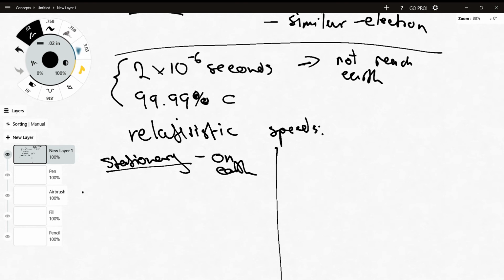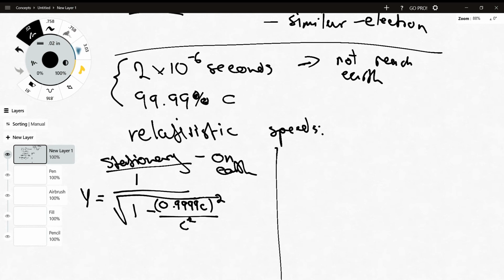So we have gamma, or the Lorentz factor, for this muon is 1 on 1 minus 0.9999c squared on c squared. Right?